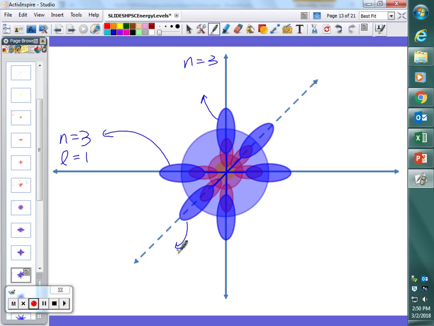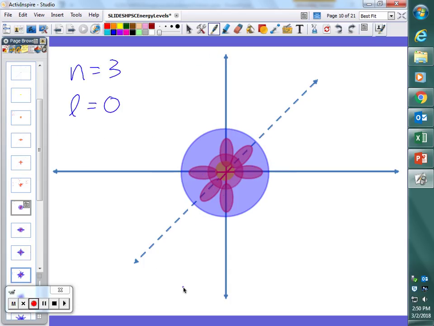L is equal to 0 because all spheres are L equals 0. And that means for this one, how many blue spheres are there? Just 1. So if L is equal to 0, M is equal to 0 as well.